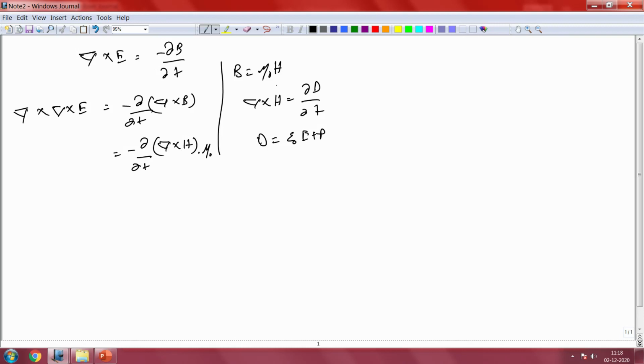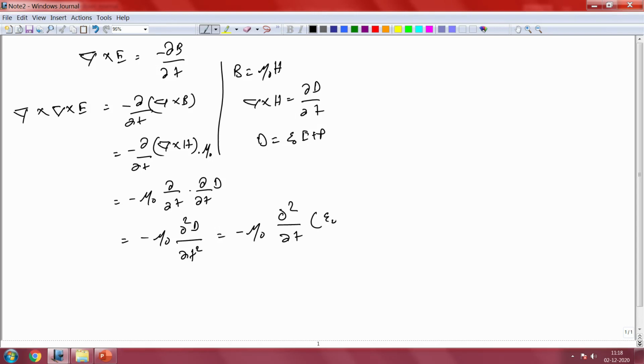So we are doing this, and now we can expand this further, so that we have dou squared by dou t squared. In other words, mu naught dou squared by dou t squared of epsilon naught E plus P.